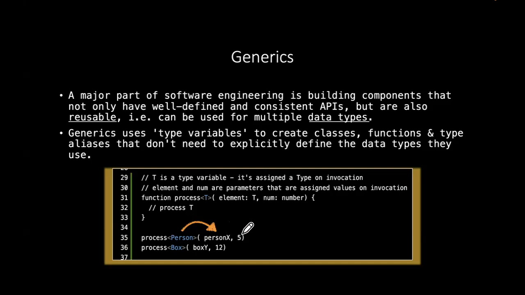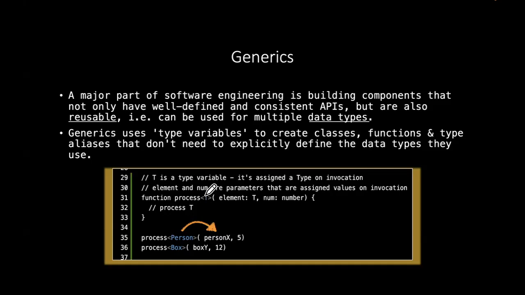The second argument is okay. I'm reusing the same function here, but this time I'm setting T to box, and presumably box X or box Y is a variable of type box. So this is a declaration of a function using generics, and the function can take different data types.